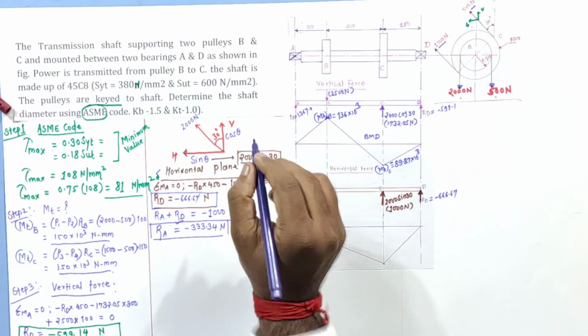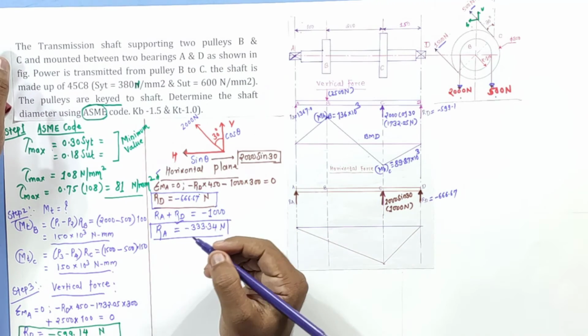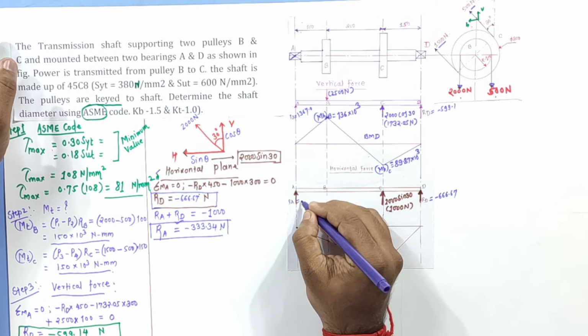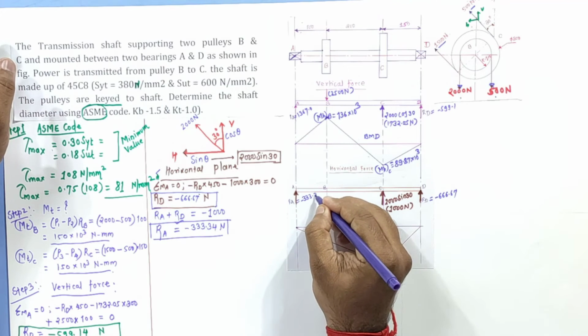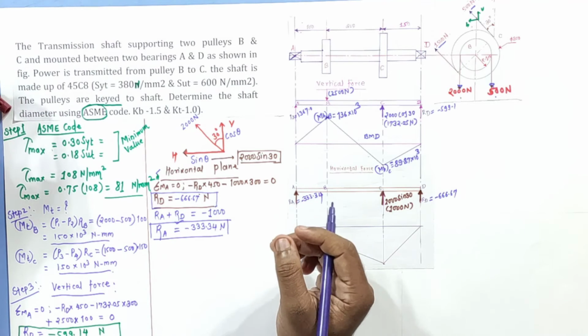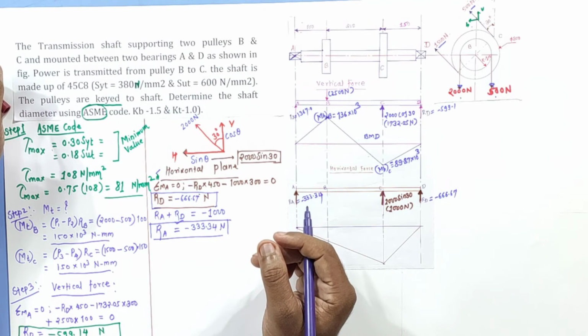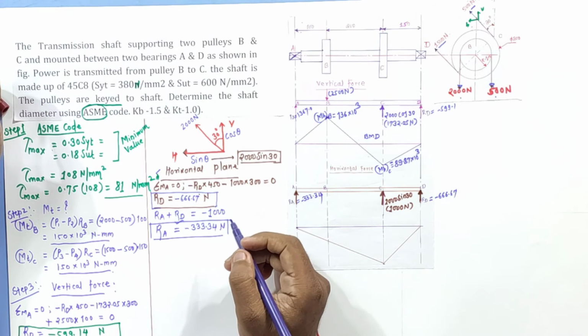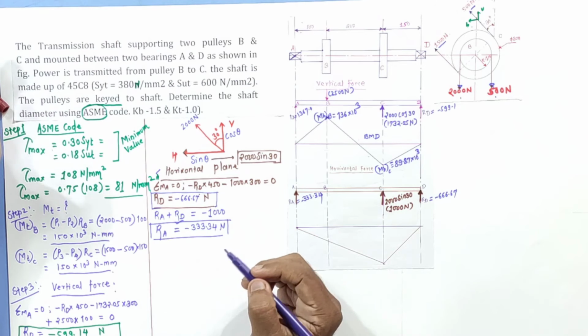So this will be the reaction force at A, equal to minus 333.34. Okay, so this will be the reaction force.